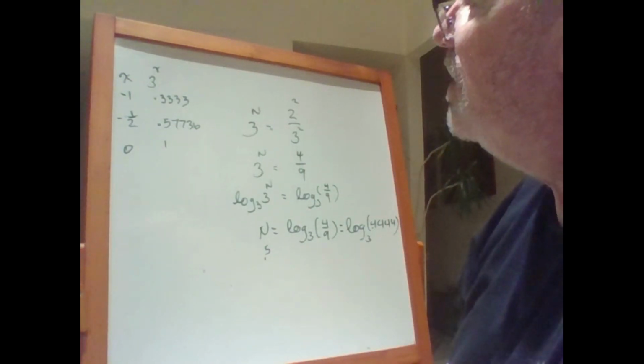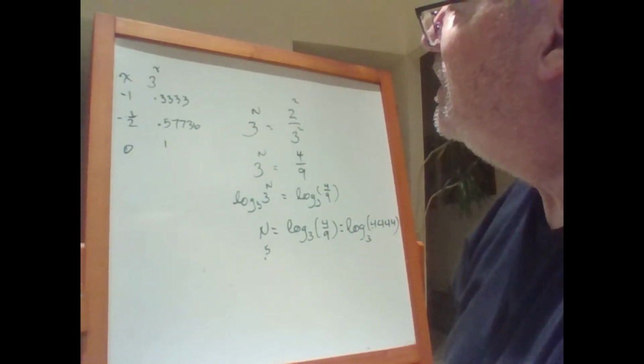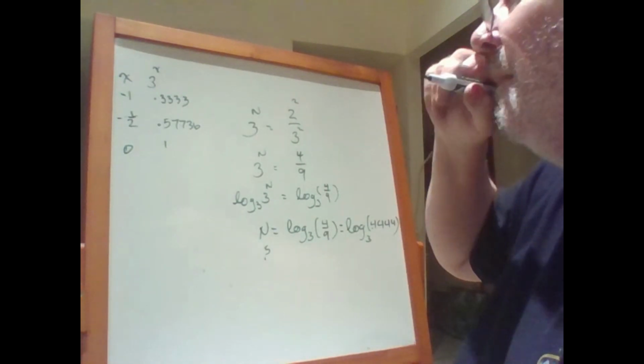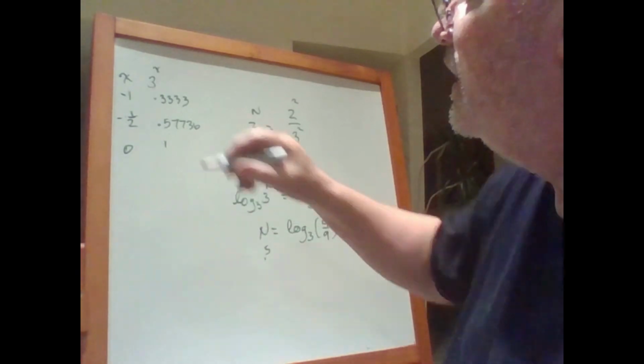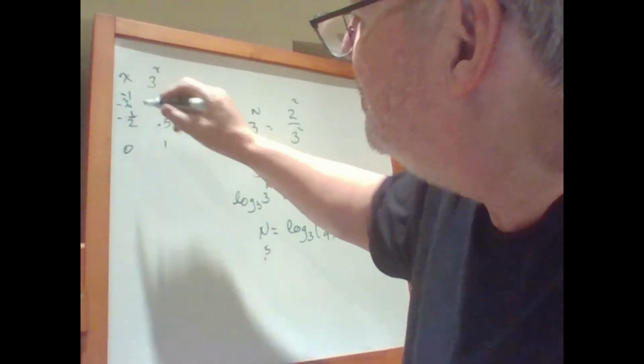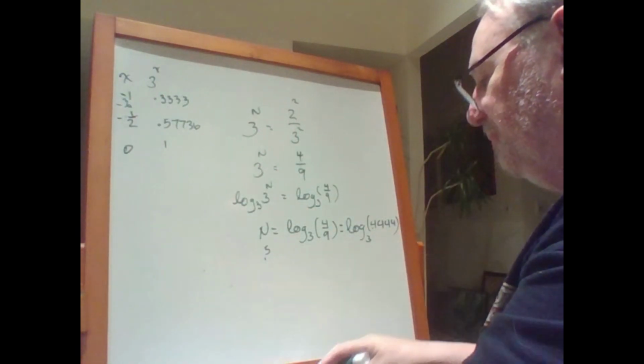All right, so -1/4 is too small, I would say, or -3/4. Shall we try that?